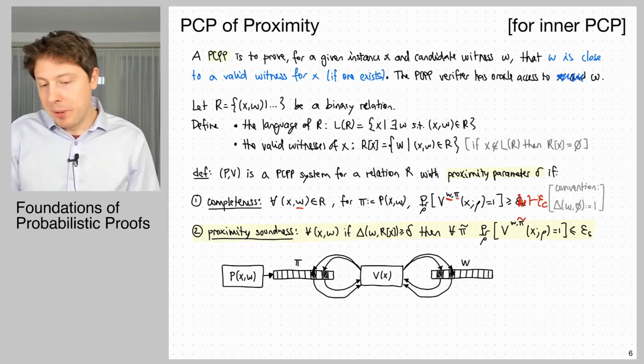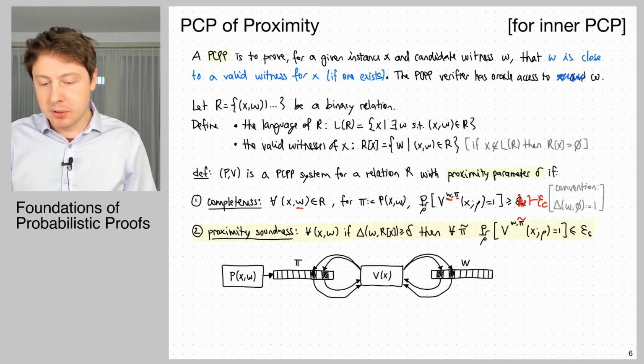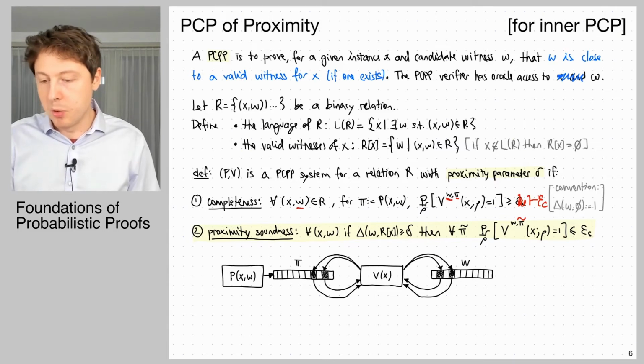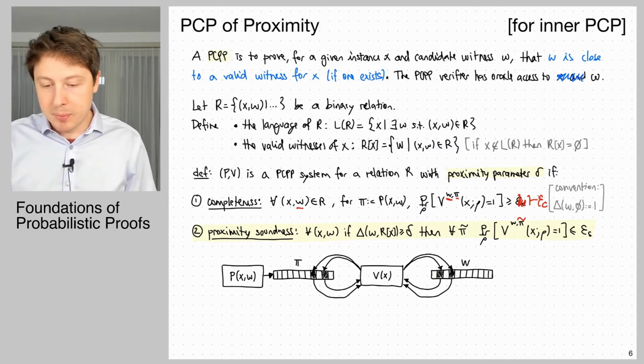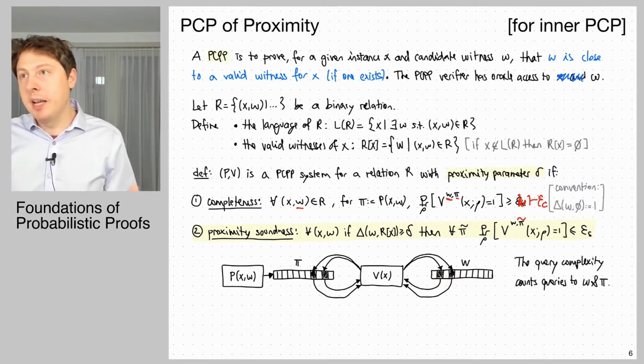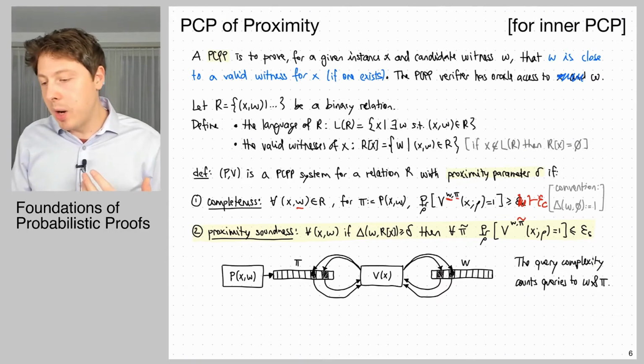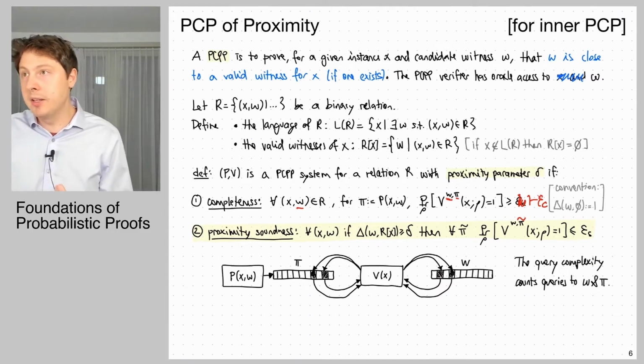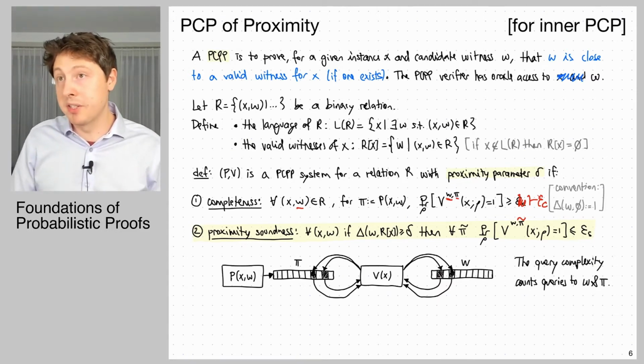So this is the picture you should have in mind. There are these 2 separate oracles. This one, we know what it is, it's the thing we talk about. And this one is chosen by the prover. And for the query complexity, we now count queries to both the witness and the proximity proof, so it's the sum of both.